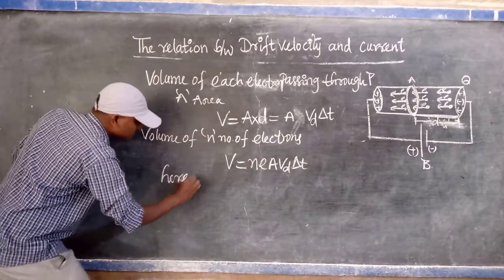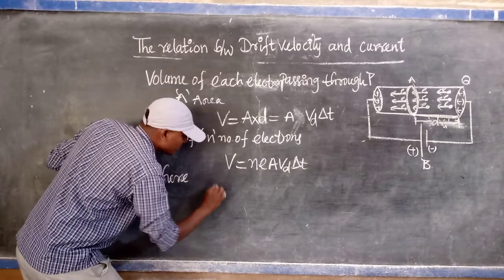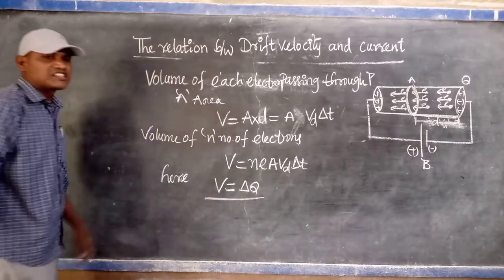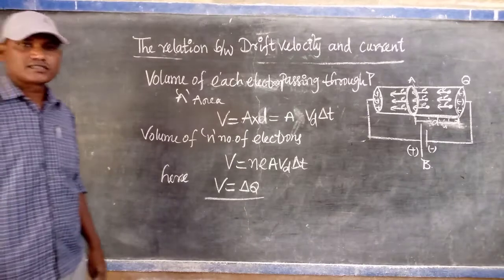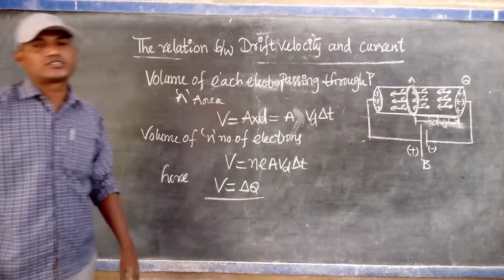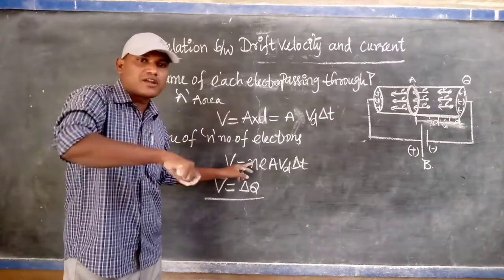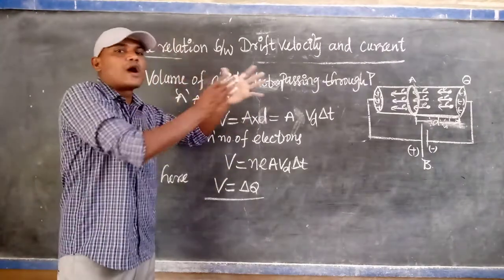So here V is equal to delta Q. V is nothing but the volume of the electrons, so delta Q is the charge. Why? Because the electrons carry the charge Q through that volume.